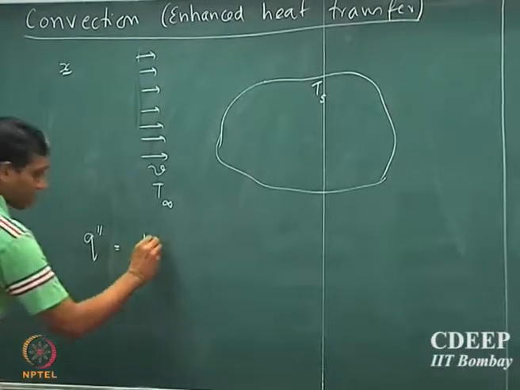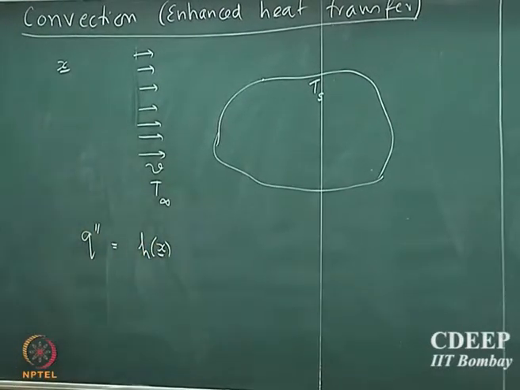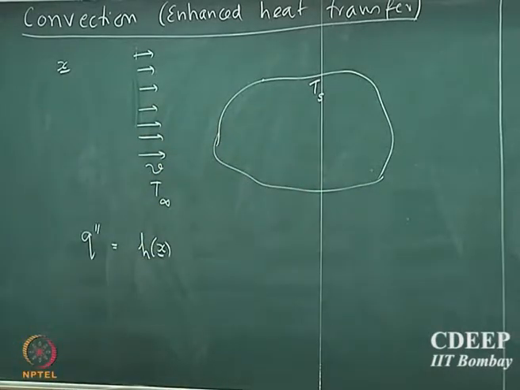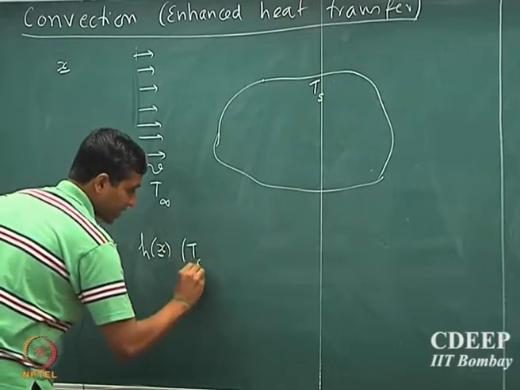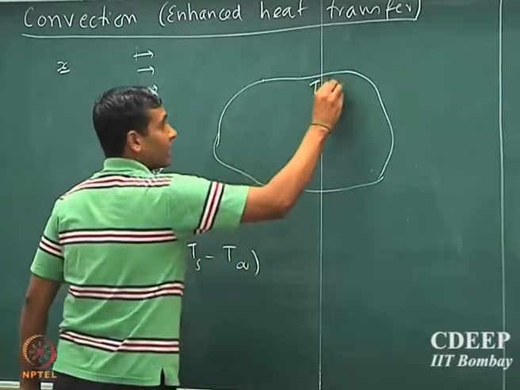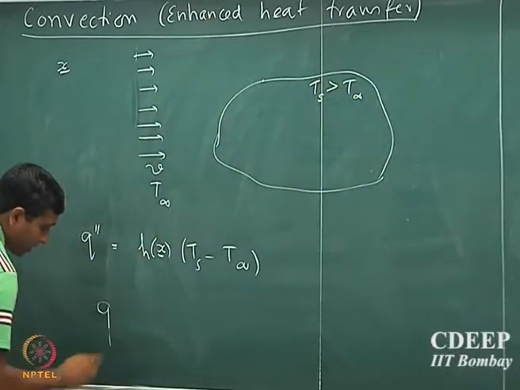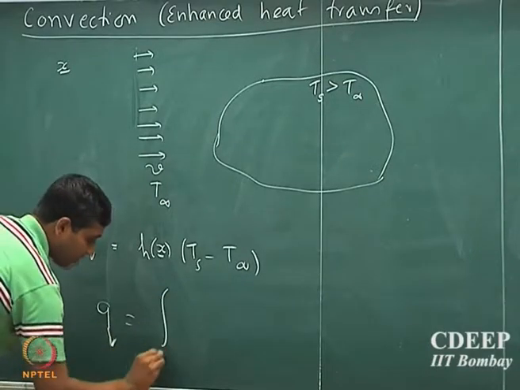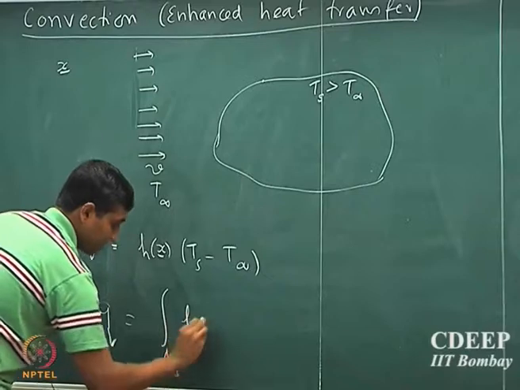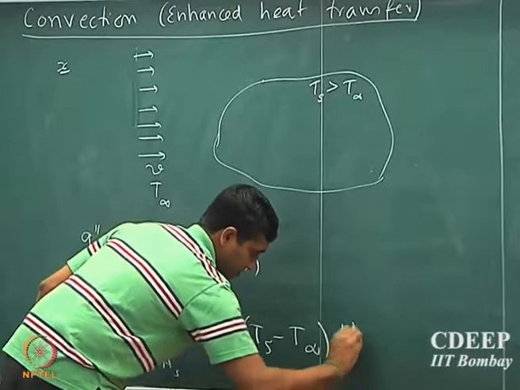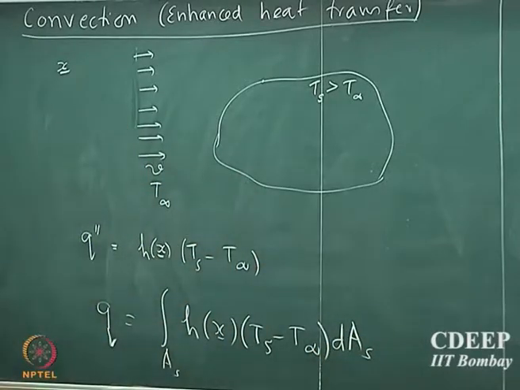So naturally h is going to be a function of the position, it depends on where you evaluate the heat transfer, where you want to find the flux, and that multiplied by Ts minus T infinity, if I assume that Ts is greater than T infinity. And we said that we can find total flux by simply taking an integral over the whole surface, dAs.